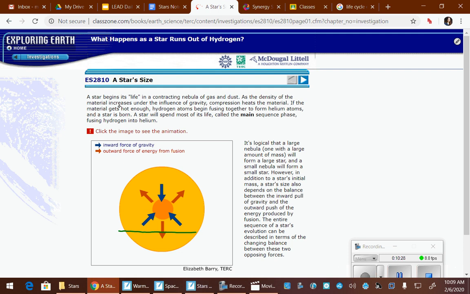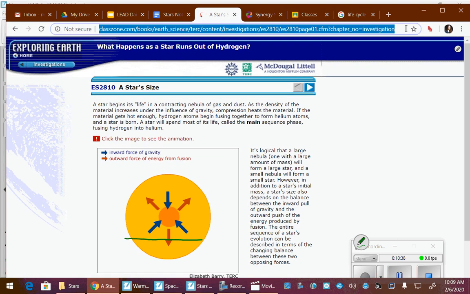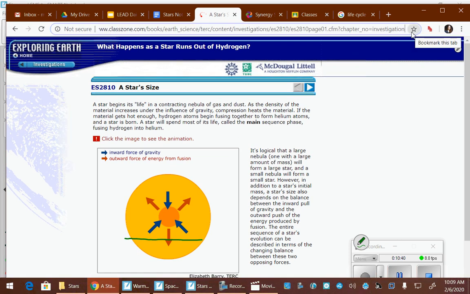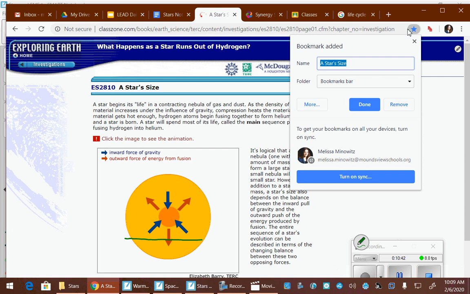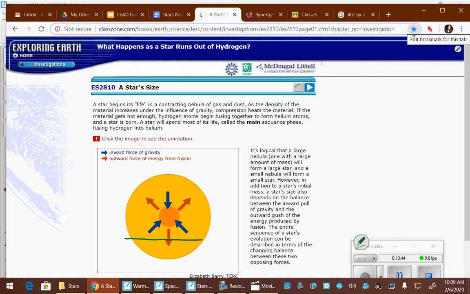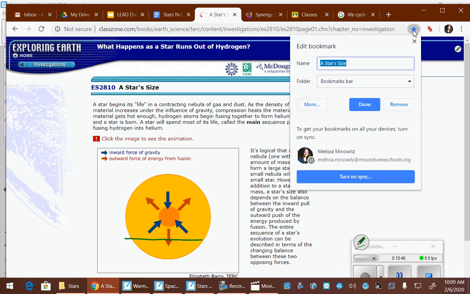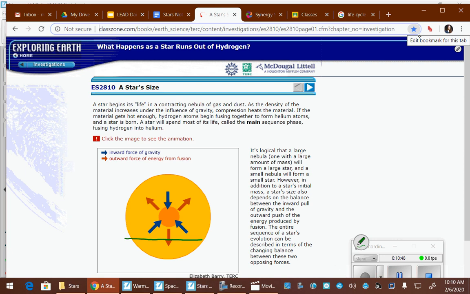Now, if for some reason that does not pop up, that likely means something is in your settings and you need to change them. You'll have another thing that pops up, typically over here by this star. If you click on that, it will go through and you can adjust your settings.